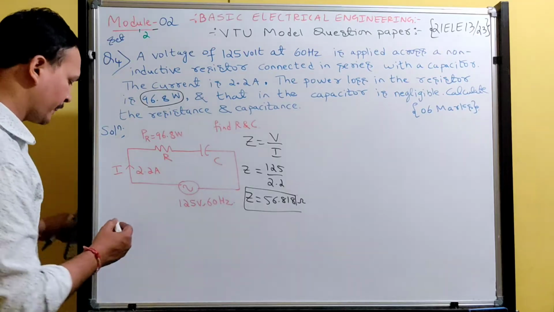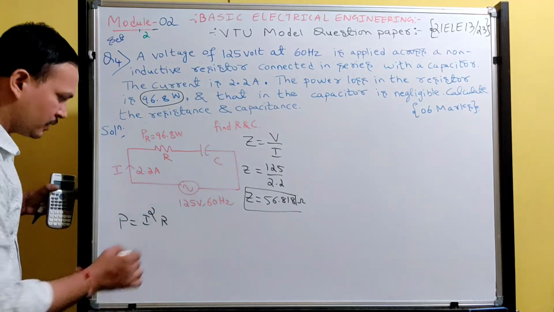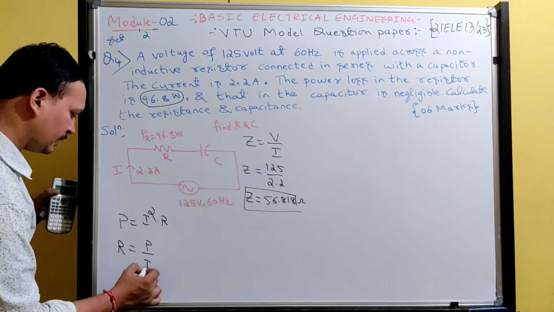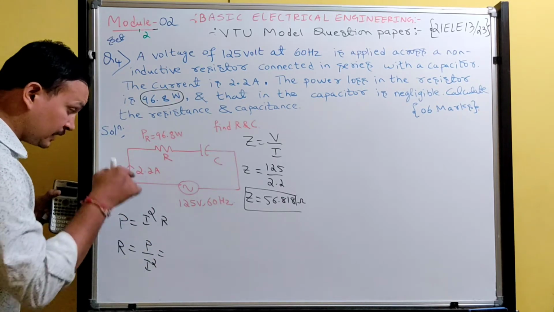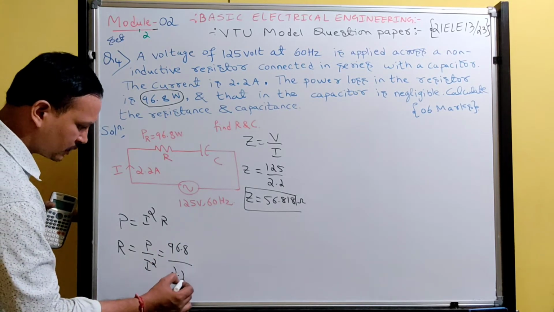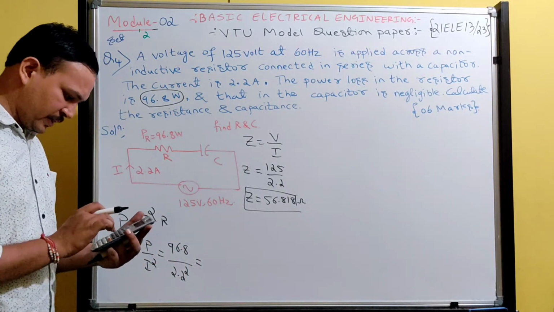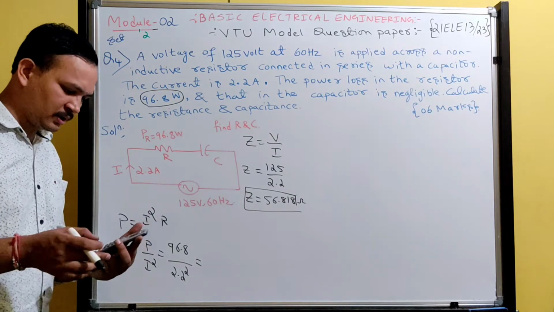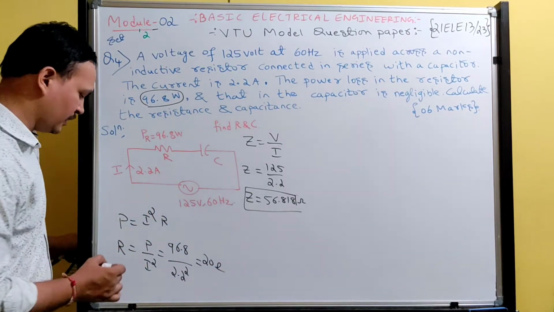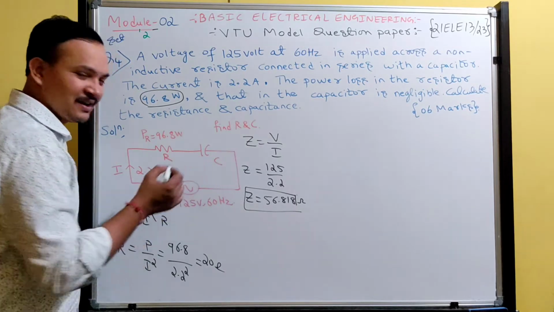The power formula is I squared R, so R equals power divided by current squared. Power is 96.8 and current is 2.2, so 96.8 divided by 2.2 squared. How much did you get, guys? Very good, 20 ohms. So we have already done 50% of the problem. The value of resistance is 20 ohms.